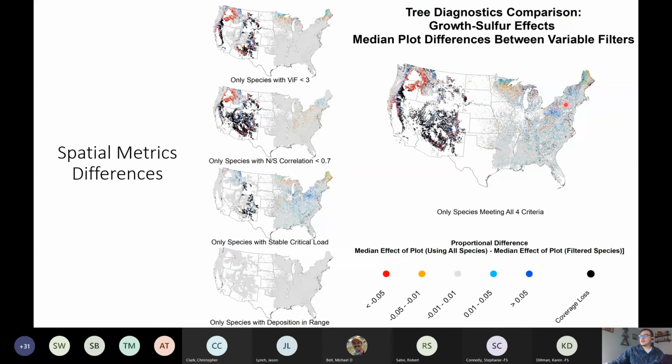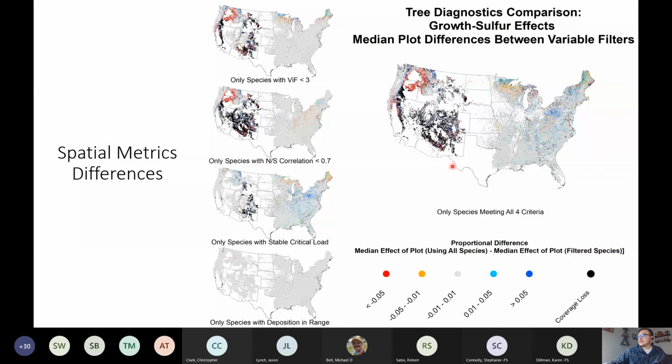I should say you see less negative impacts when you filter it, right? So if you filter down from 94 to 60, let's say, you see less negative impacts when you're only looking at those filtered species as opposed to using all 94. If it's blue, it means that you actually see more negative impacts at the plot level.